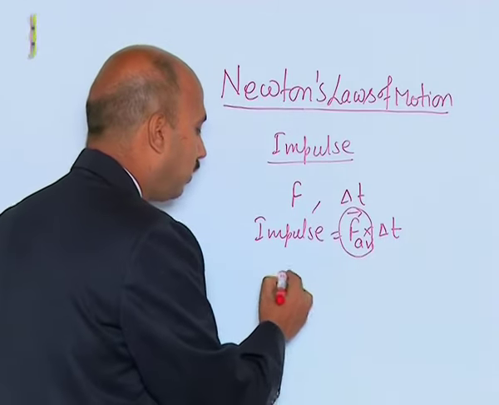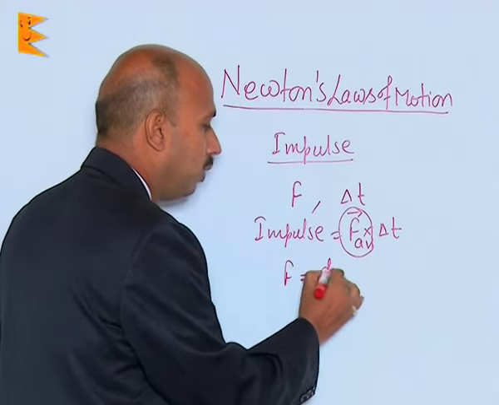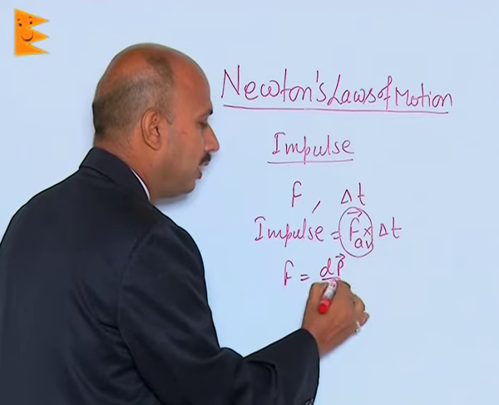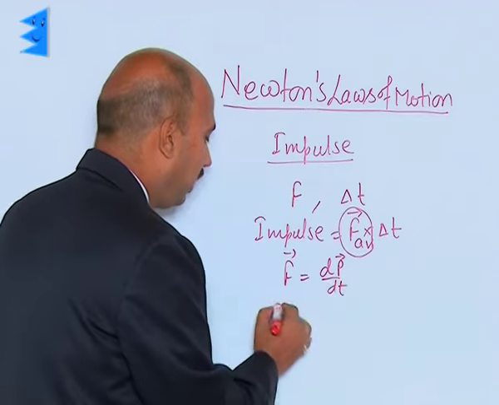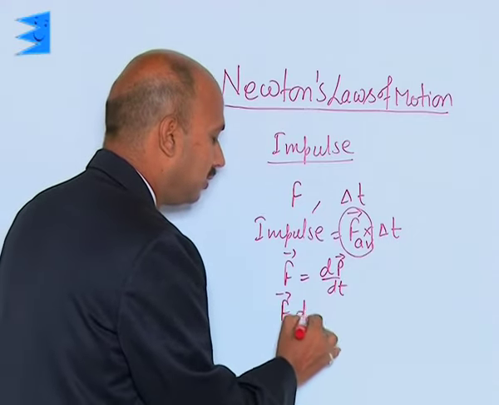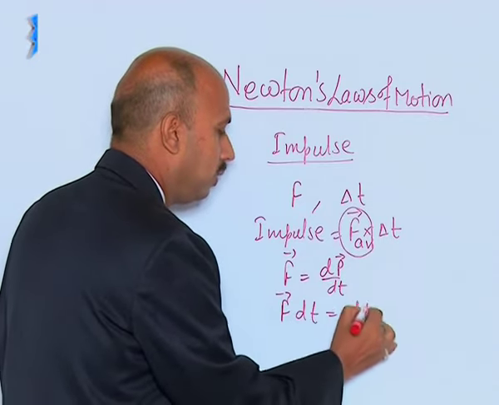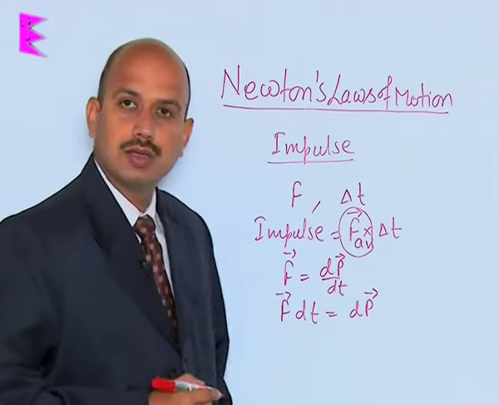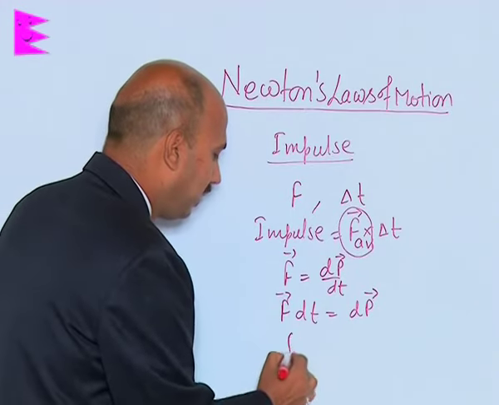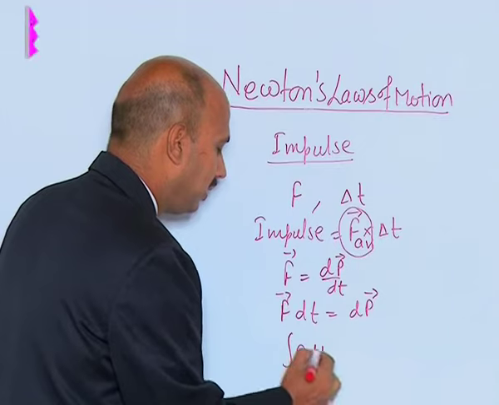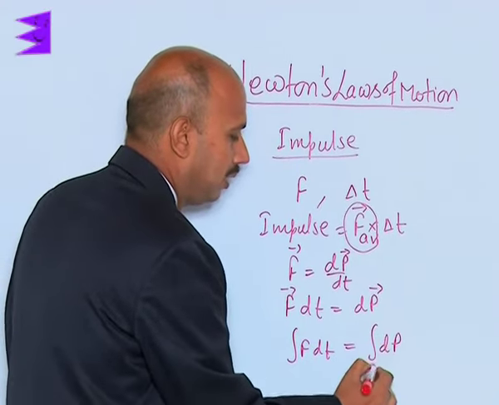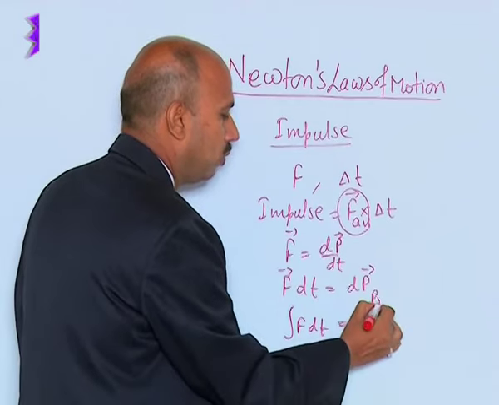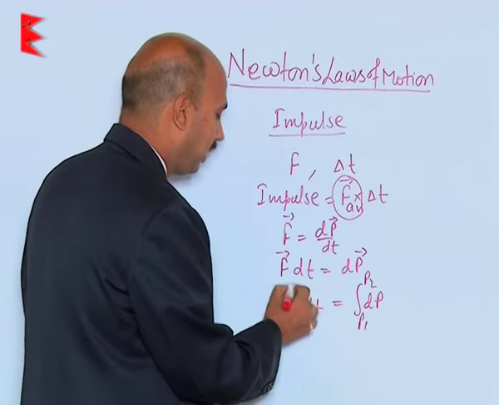You can see it in that way also. F is equal to dp upon dt, rate of change of momentum. We can write F into dt is equal to dp. Suppose you integrate it here, integral of F dt is equal to integral of dp from p1 to p2, and the time is taken from 0 to t.